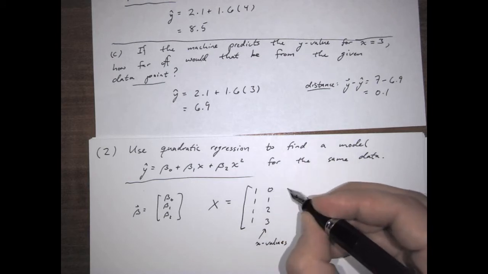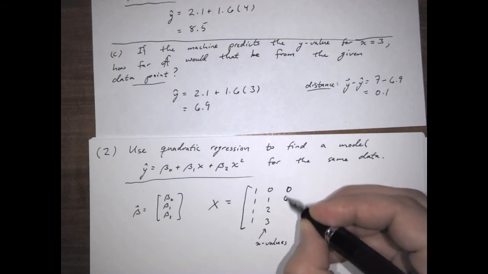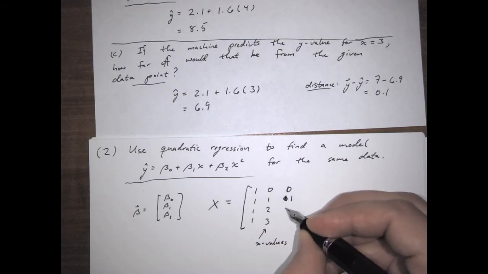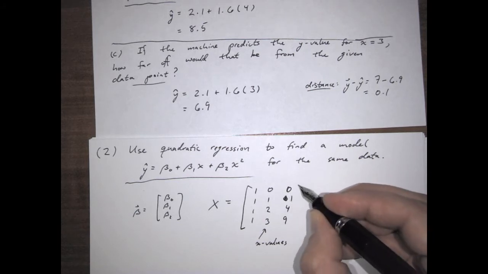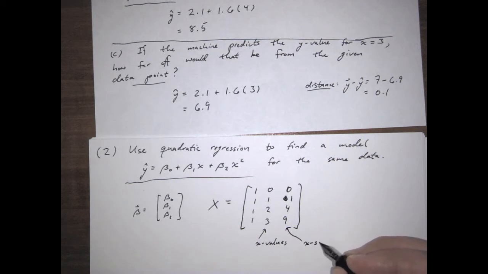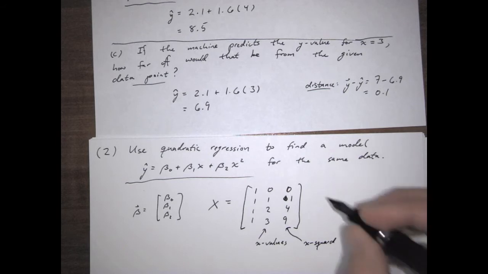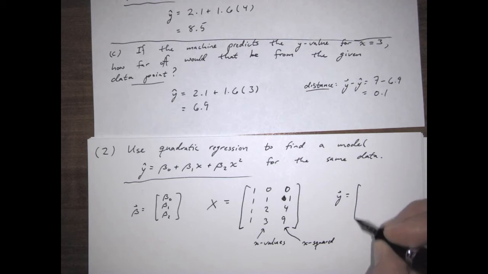And then here what we have are 0, 1, 4, and 9. Sorry, I was looking at the wrong thing. 0, 1, 4, and 9. And these are going to be the weights that are applied to beta 2, which are x squared. Okay, then as for y, that just is still the same old 1, 6, 4, 7.